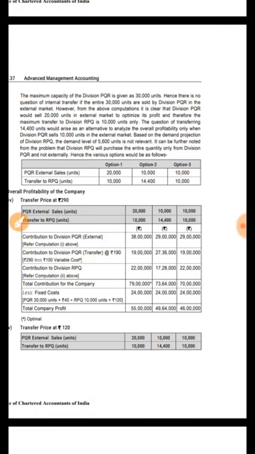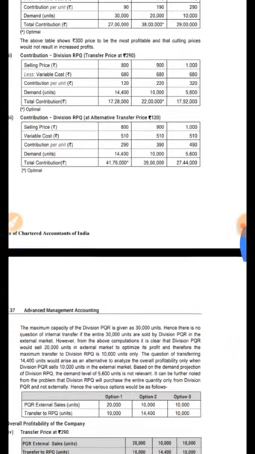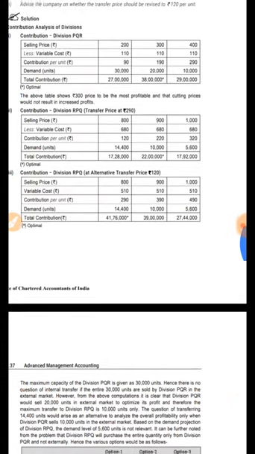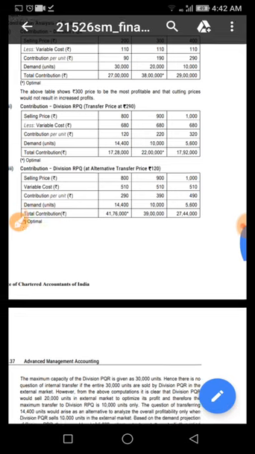is also gaining some contribution, no? So how much contribution are they gaining? See, if 10,000 units are received, the RPQ, you have to take this one, because we selected 290 as the transfer price, no? So that's why we have to take that table. So for 10,000 units, 22 lakh is the contribution.